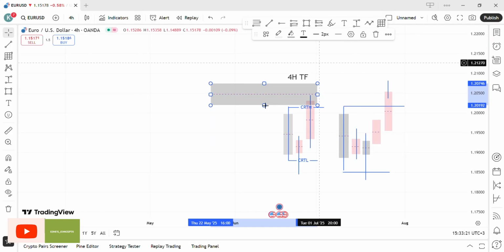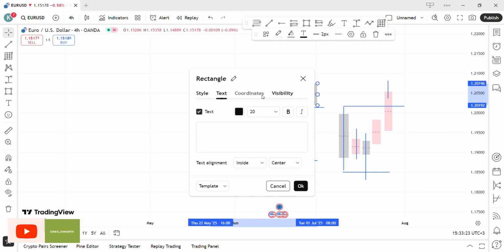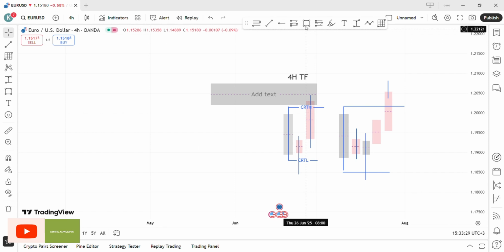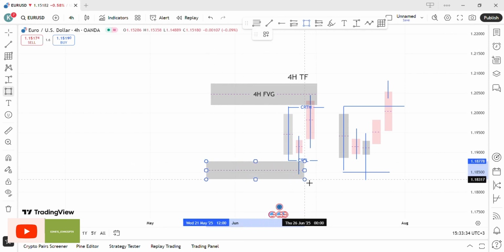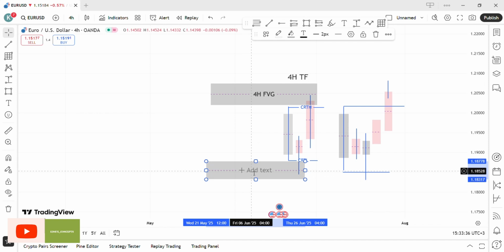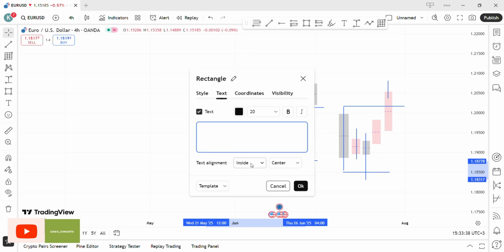Assuming over here we have a 4 hours fair value gap, and below over here, we have a 4 hours order block.